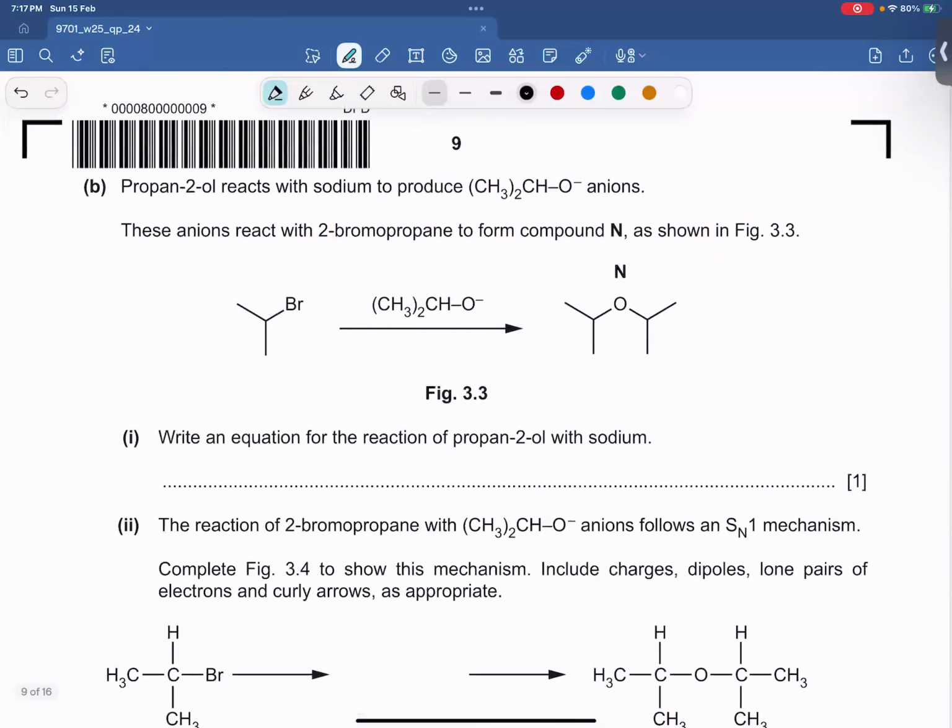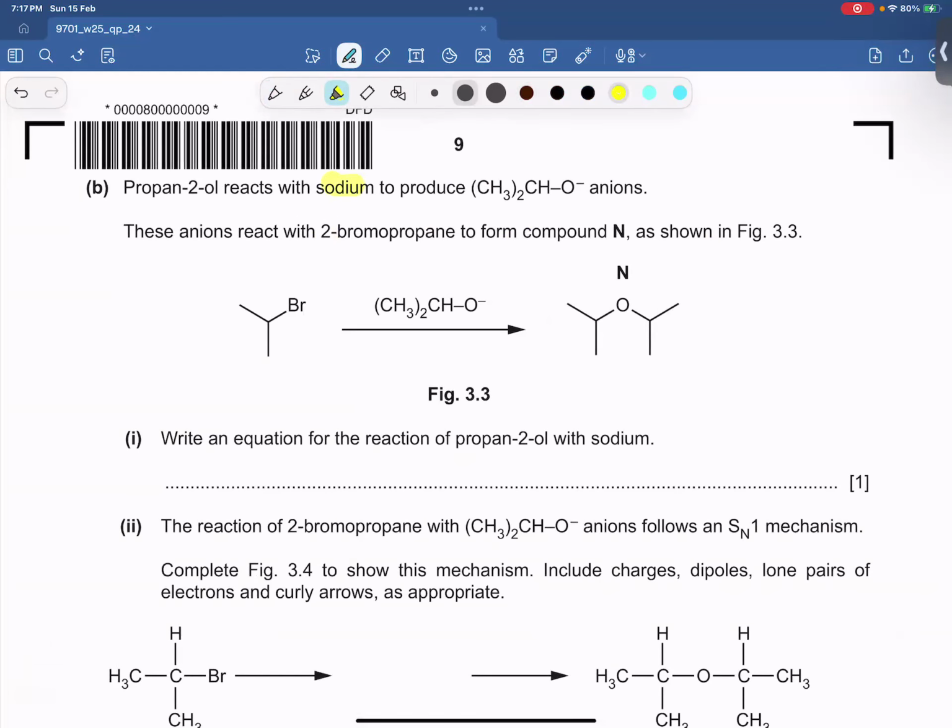Next is propane 2-ol reacts with sodium, produces this anion. These anions react with 2-bromopropane to form compound N as shown in figure this. So technically this is secondary alcohol, and secondary alcohol undergoes both SN2 and SN1. Alright? Write an equation for the reaction of propane 2-ol with sodium. That's an easy thing. Propane 2-ol is this.